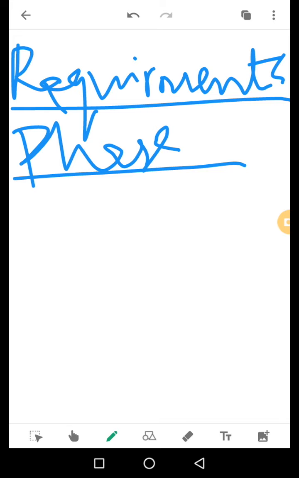Moreover, on-site analysis can also be used as a requirement elicitation. Then interviews with end users, market research, and competitor analysis are also used in requirement elicitation.